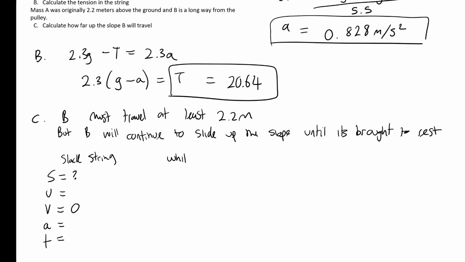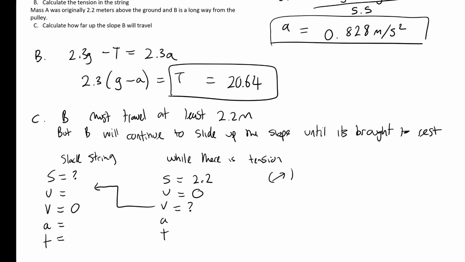So while there is tension, B travels 2.2 meters up the slope, taking up the slope to be positive. It starts from rest. Its final speed we don't know, but we do want to know, because whatever speed it finishes this stage with is the speed that it starts the next stage with.